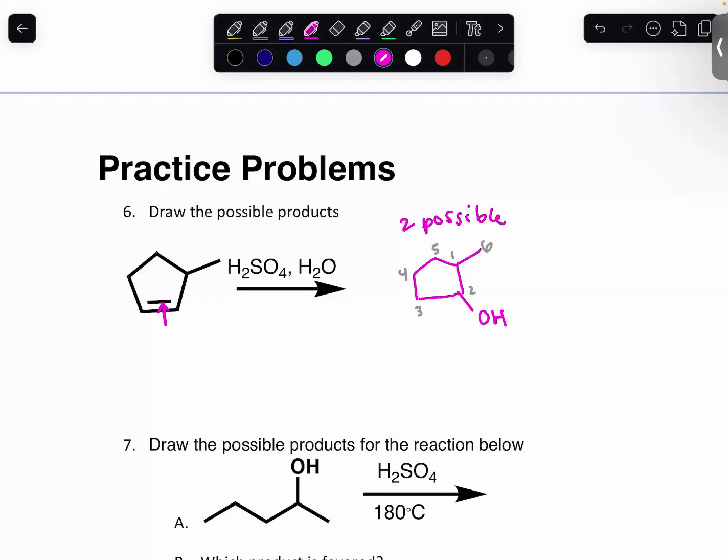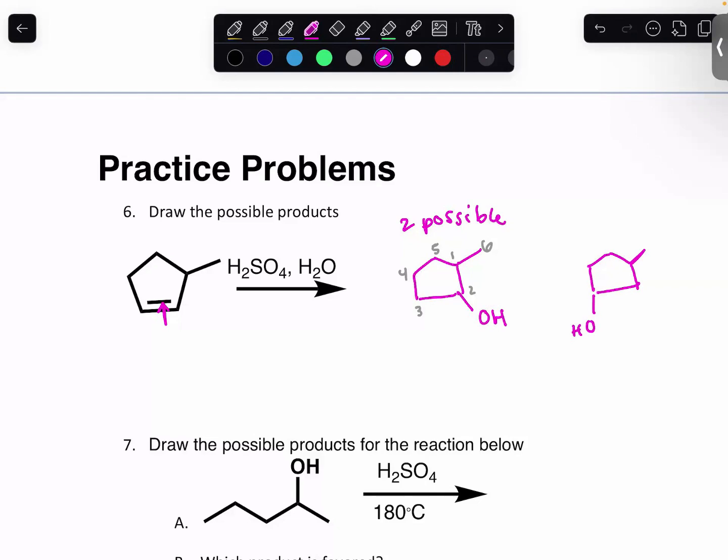How many products did we say we're going to have? 2. Where do you think the second one's going to go? How do you know you're going to have 2 products? Because the alkene is just as likely to break to one side as the other and have the alcohol add there.